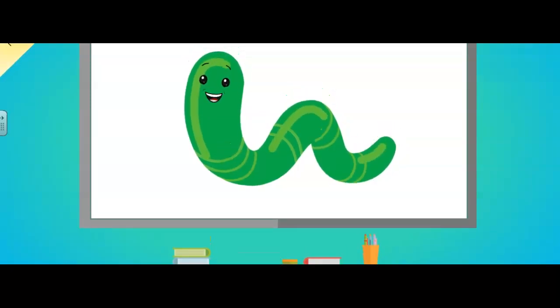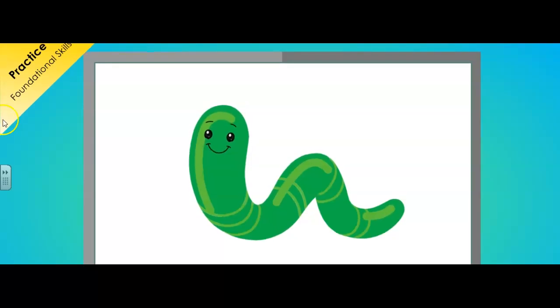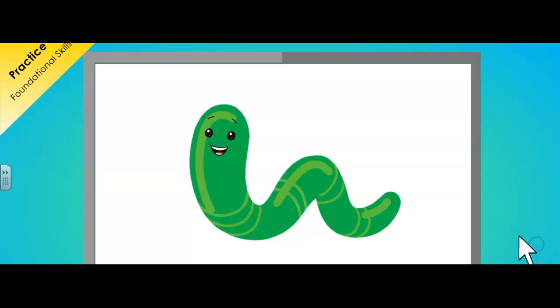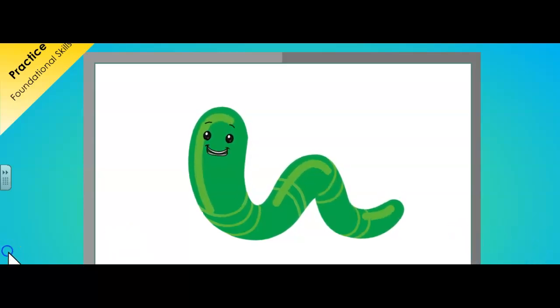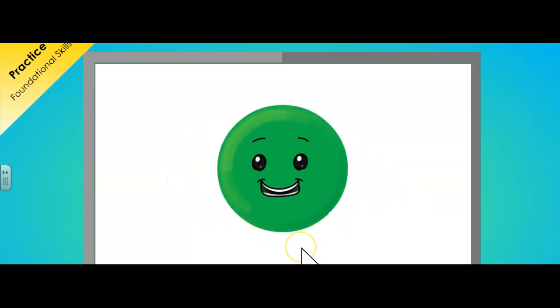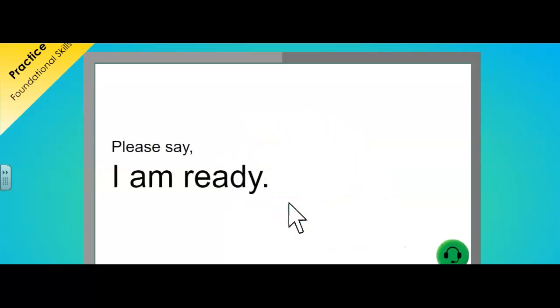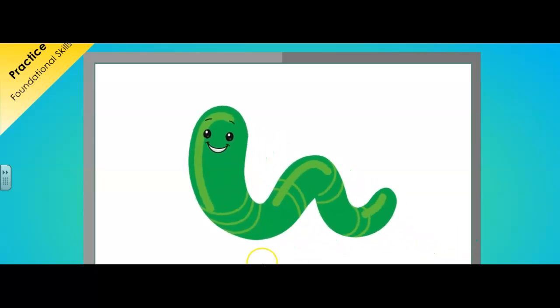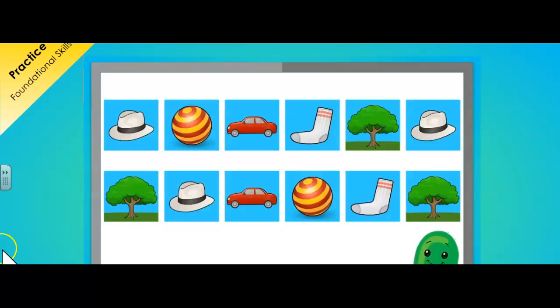Hi! Today we're going to do some special work on the computer. Let's check it out. You're going to read out loud into your microphone. First, we need to make sure I can hear you. Click the green circle, then say, I am ready. I am ready. That's great! I can hear you. Now, get ready to read out loud. Now, let's say the name of each picture, going across the page. We'll start on the top row and then do the next row.